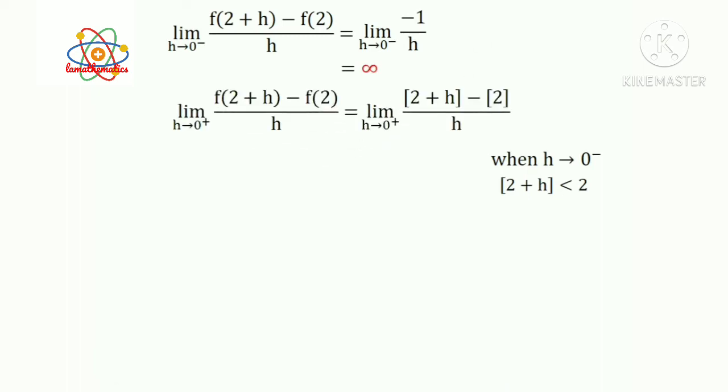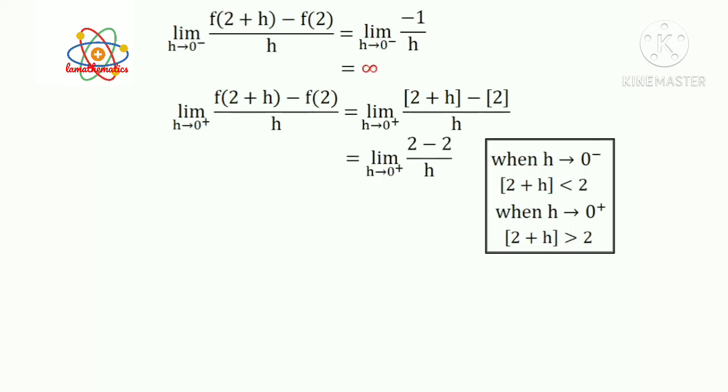Limit h tends to 0 plus [f(2+h) - f(2)]/h equal to limit h tends to 0 plus [[2+h] - [2]]/h. That is, when h tends to 0 plus, greatest integer [2+h] is greater than 2, that is, greatest integer [2+h] equal to 2.